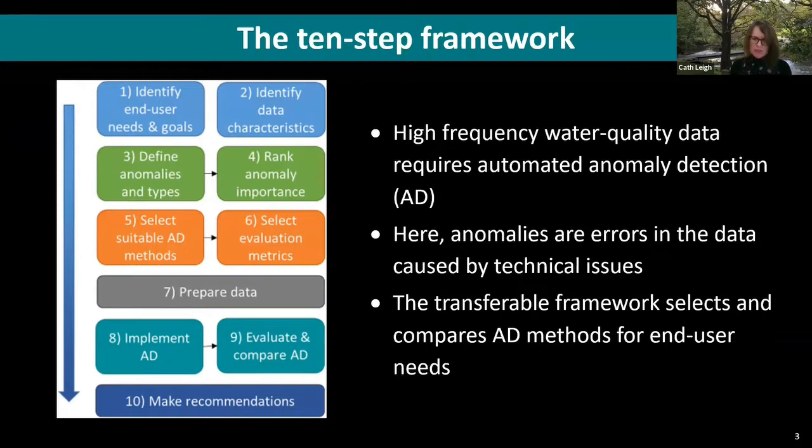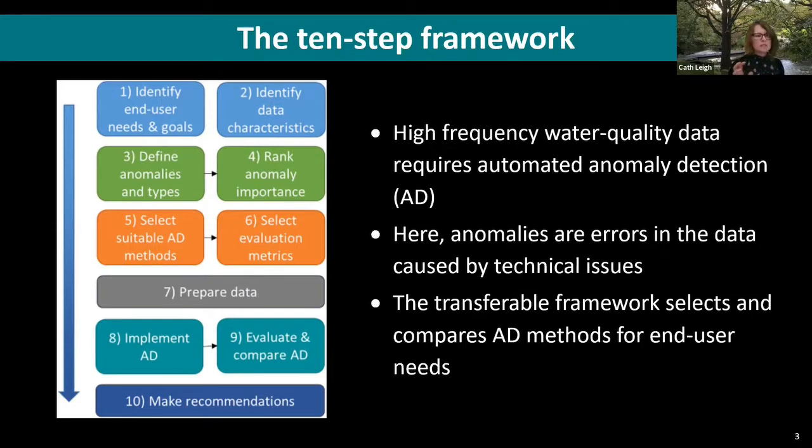And so we wanted to make sure that it was very much targeted to end user needs and goals, but at the same time being flexible enough around those needs and goals so that it could be transferable across organisations. And here I should stress that the definition of anomalies that we're using here are that they're the errors in the data caused by technical issues, such as sensor failure, for example.